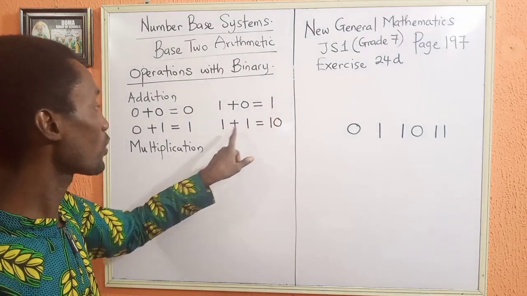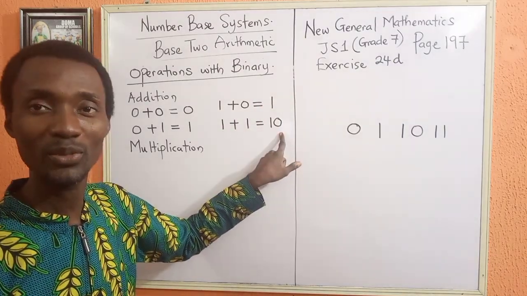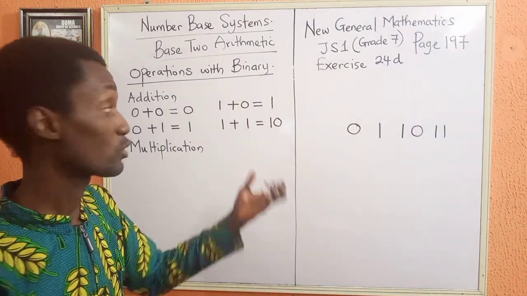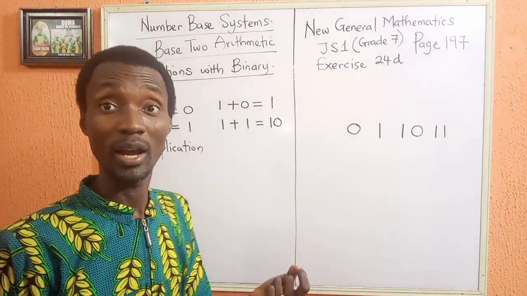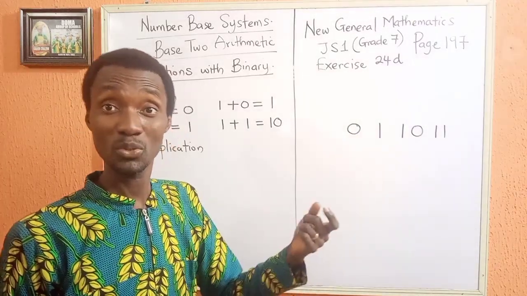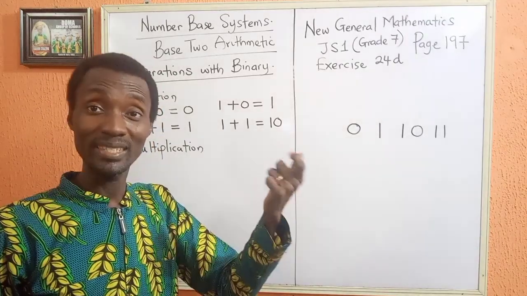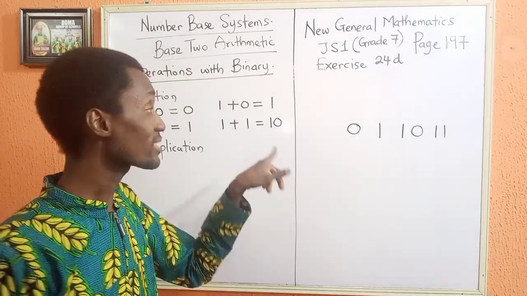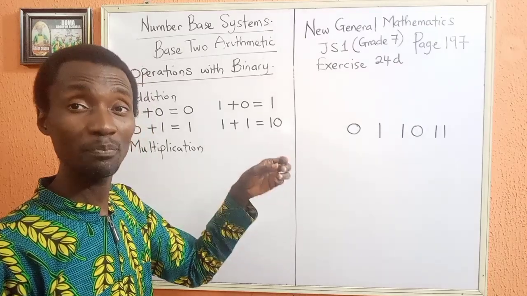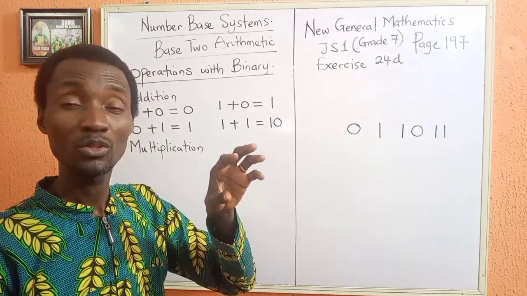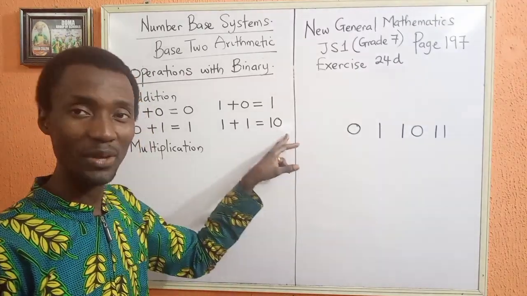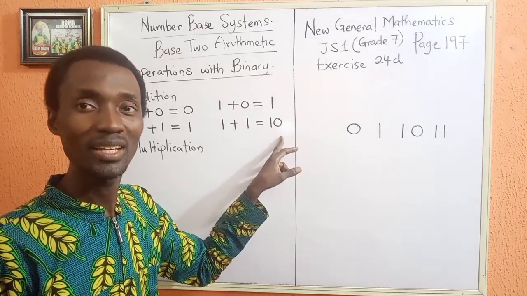If I have 1 plus 1, I'm not going to get 2. I'm going to get 1, 0. Because 2 is base 10, but the answer must be in base 2, and the base 2 equivalent of 2 is 1, 0. Please, this is not 10, this is 1, 0.